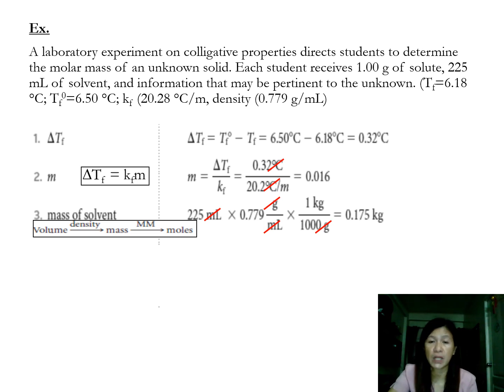So volume 225 times density, the given density is 0.779 gram per milliliter. You cancel milliliter, multiply again by the conversion factor in order to convert gram to kilogram. This is only to convert gram to kilogram after getting the mass from the volume and density of the solvent.